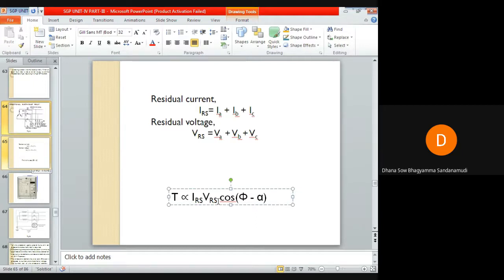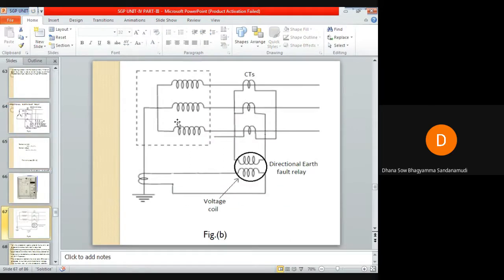If the neutral of an alternator or transformer is grounded, let us assume these windings are either alternator windings or three-phase transformer windings.